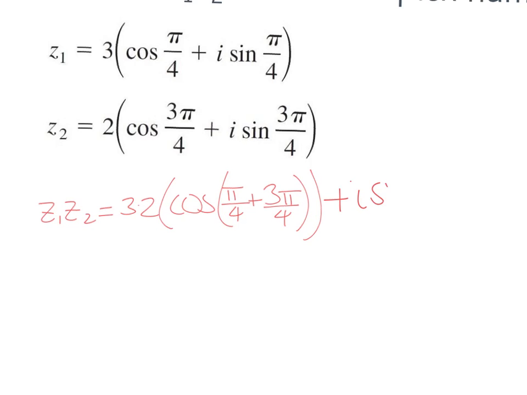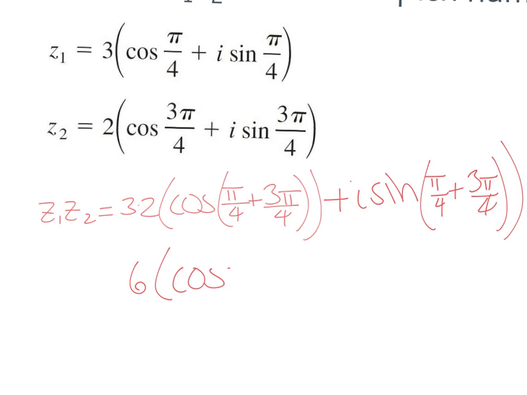Plus I sine pi over 4 plus 3 pi over 4. So we're going to end up with pi. 3 pi over 4 plus pi over 4 is 4 pi over 4, or pi. 3 times 2 is 6. Cosine of pi plus I sine pi.